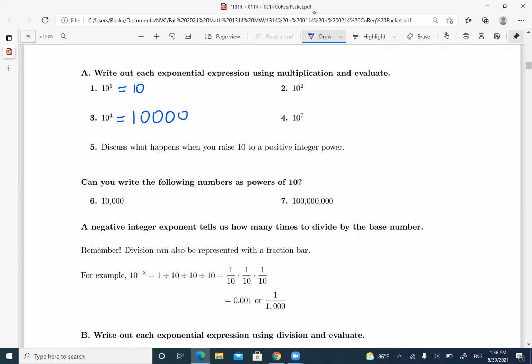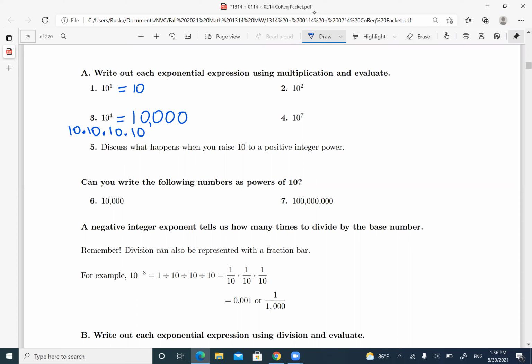And how do we get this? We're just multiplying 10, 10, 10, 4 times. I'm just going to write it to show you how we get that. But multiplying by 10 is really easy.